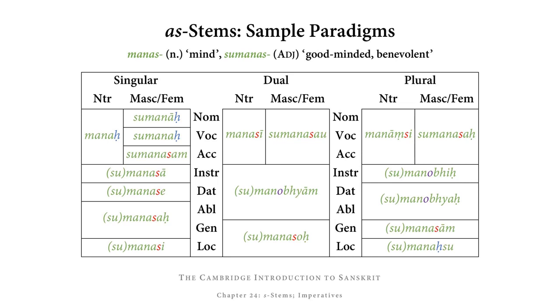And in the nominative, vocative, accusative plural, we have the ending as that we also already know from dental stems, and in front of this as, which also begins with a vowel, namely a, the stem ending in as remains unchanged, and so we have sumanasaḥ as the nominative, vocative, accusative plural form for the masculine and feminine. The neuter forms of sumanas would decline exactly like the forms of the neuter s-stem noun manas.